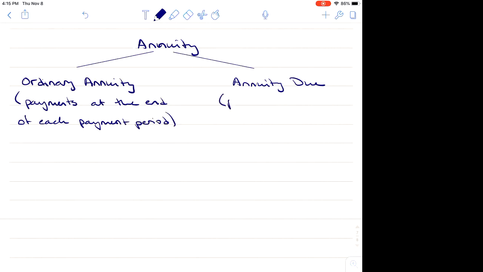So payments at the beginning of each payment period.